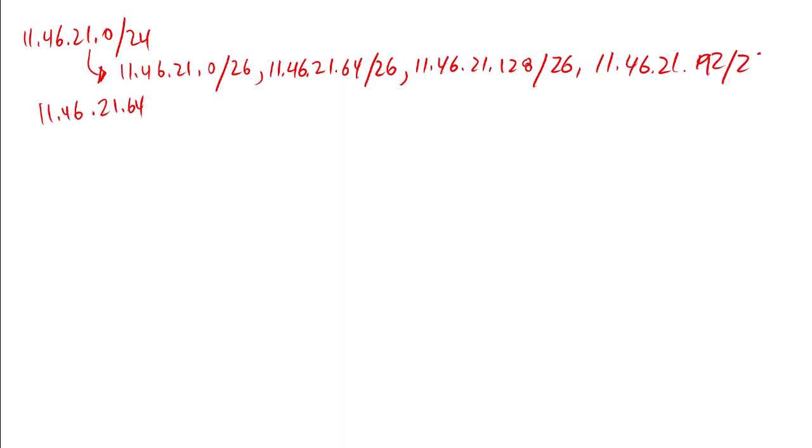So now we're saying 11.46.21. So we were at 11.46.21.0/24, and we split it, and we made 11.46.21.0/26, and we made 11.46.21.64/26, and 11.46.21.128/26, and 11.46.21.192/26.